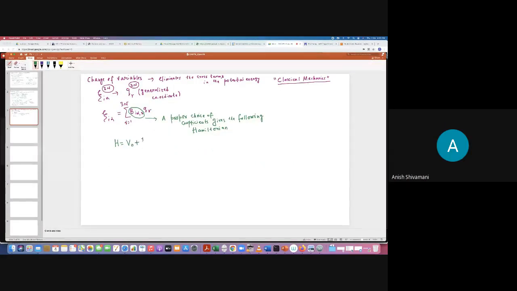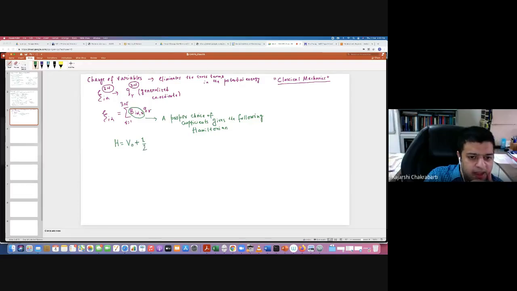Kinetic energy and potential energy. So your kinetic energy is going to be this. The transformation is such that each of these generalized coordinates would have the same mass. There will be no m_i like this. You understand? So you'll have something like this kinetic energy.